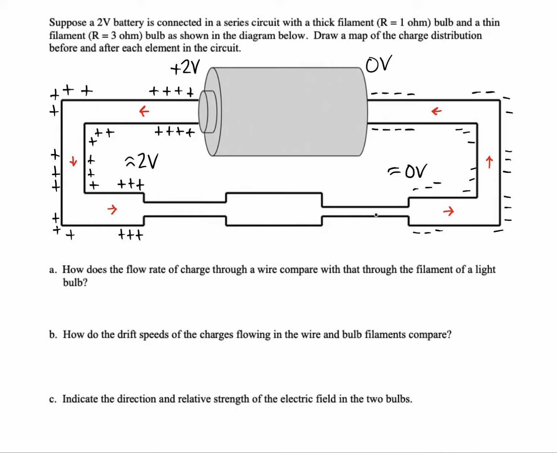And in this section is even more constricted. And the question is, how does the flow rate of charge through the wire compare to the flow rate of charge through the filaments? And the filaments are representing the light bulbs right now.